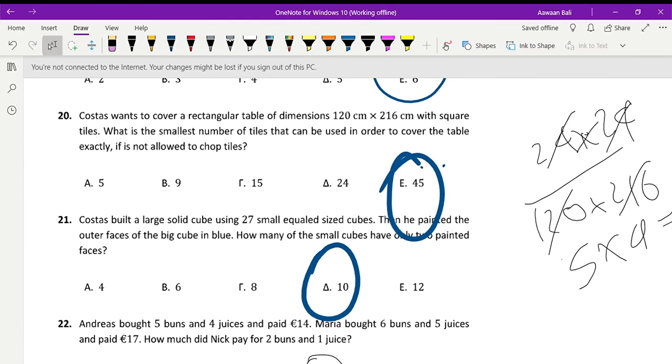We had to get the biggest one, because otherwise there would be a longer simplification and it wouldn't work as well. So, question number 21.